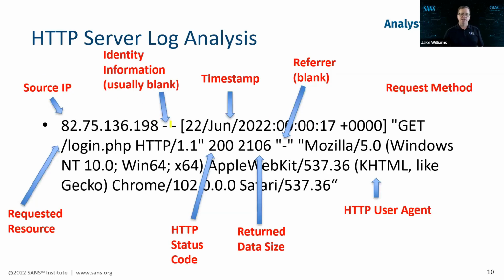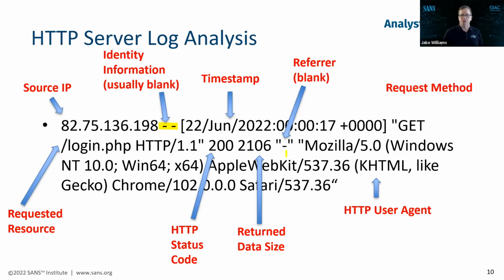These two hyphens you're going to see here are usually blank, because in the vast majority of cases the server doesn't have this information. The second one is the user ID and the first one is the machine ID, and you just don't have that information being passed across. In some PKI situations, where there's a certificate in the browser, all this stuff gets passed across, but in the vast majority of server log analysis you're going to see these blank.